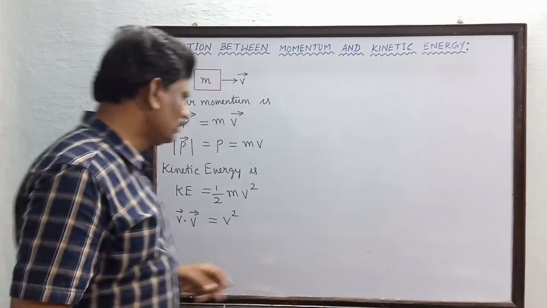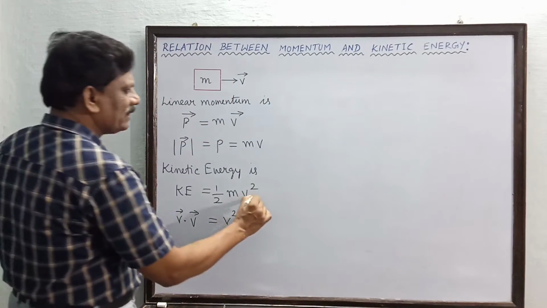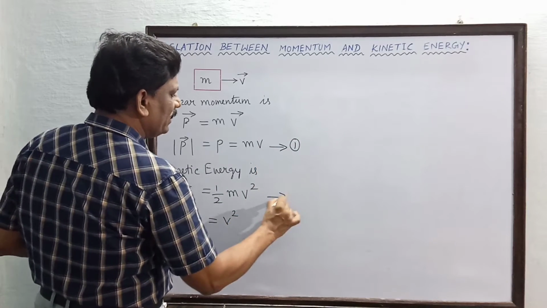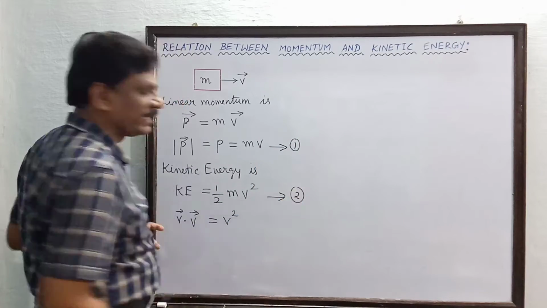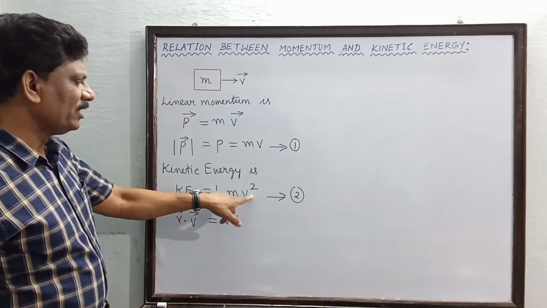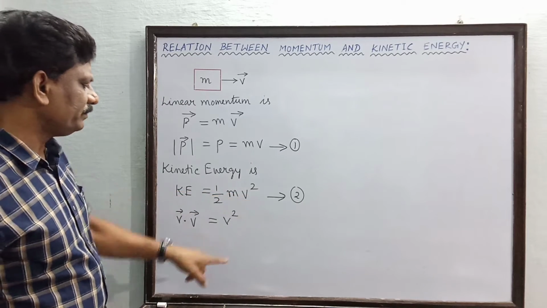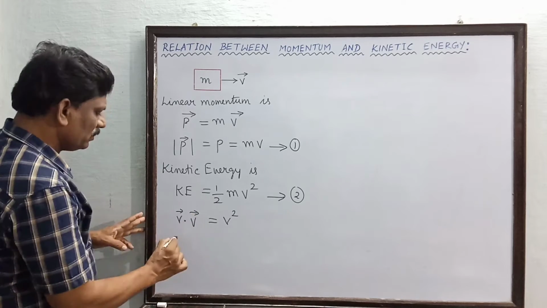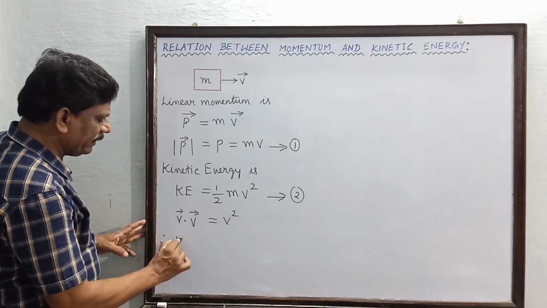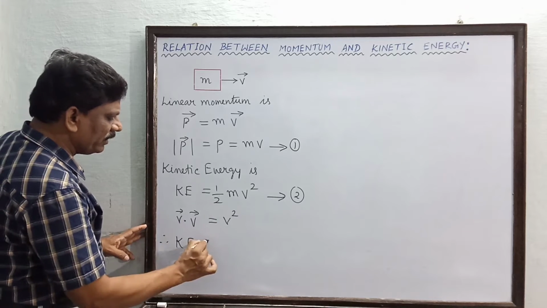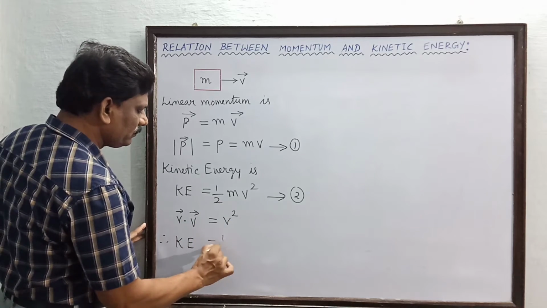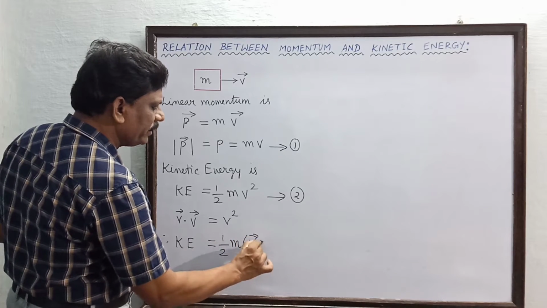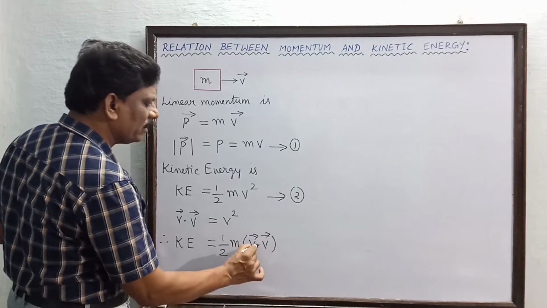So I am going to replace. I will call the first equation the one for momentum, and the kinetic energy is expressed by the second equation. In the second equation, instead of v square, what I can substitute now is v dot v. So therefore now the kinetic energy of the body is equal to half m into v dot v.